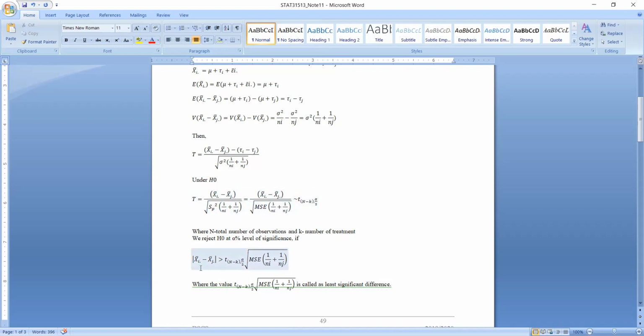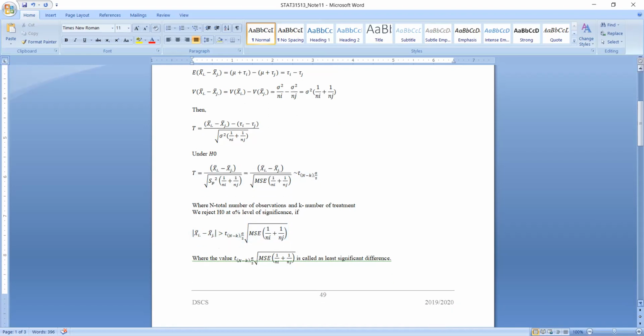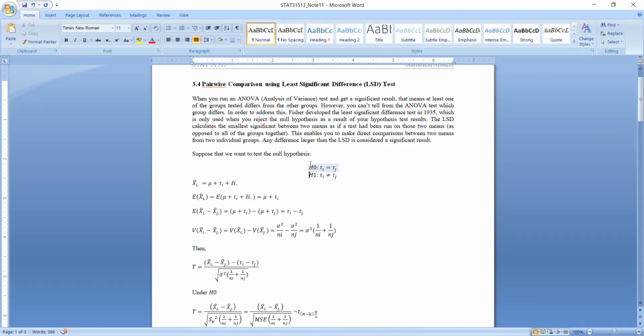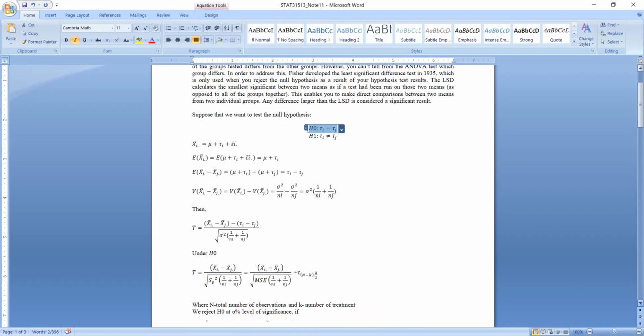If the calculated absolute value is greater than the test statistic, we can reject H naught. If you are rejecting this hypothesis, you can conclude that the two treatment effects are not equal.